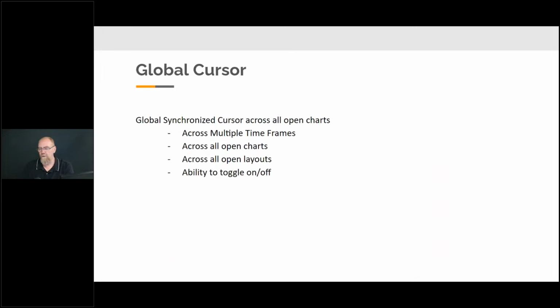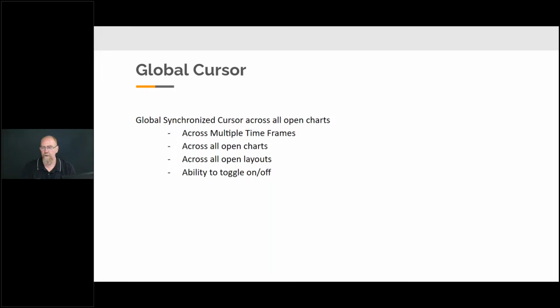Global cursor, this is really nice. So the crosshairs, you can turn this on or off. And when you have the crosshairs on your chart, they can be displayed across all charts or just the one chart you're looking at. Really makes it good for multiple time frames. It doesn't matter whether it's the same chart or not, or the same exact symbol or not.